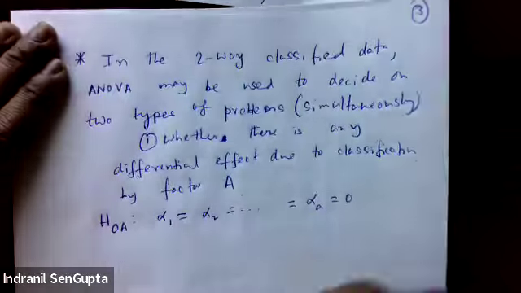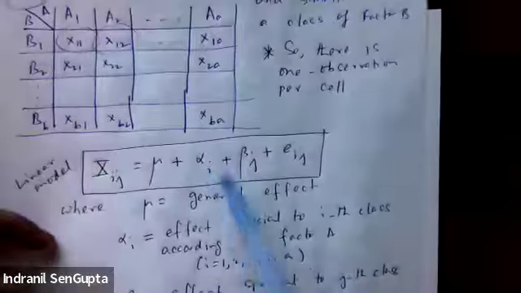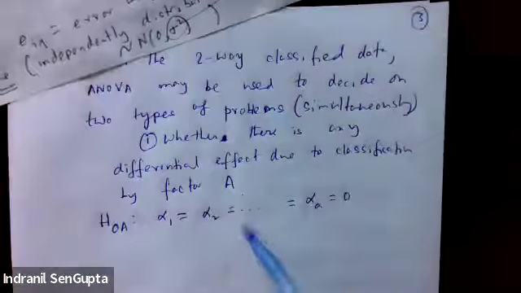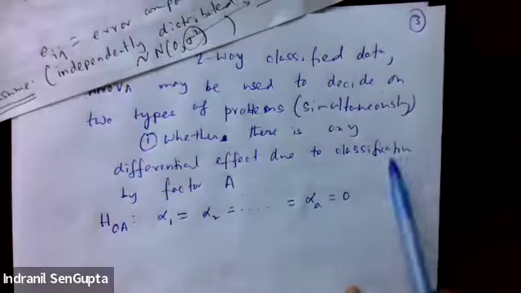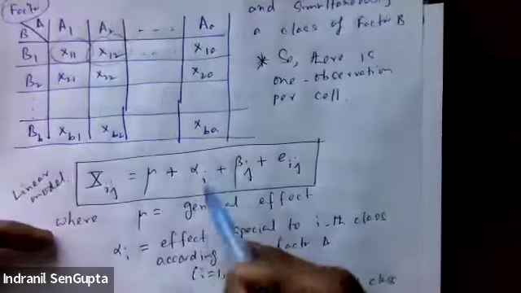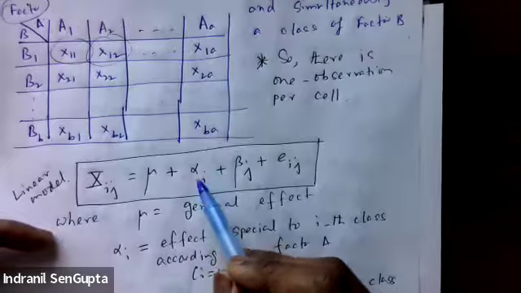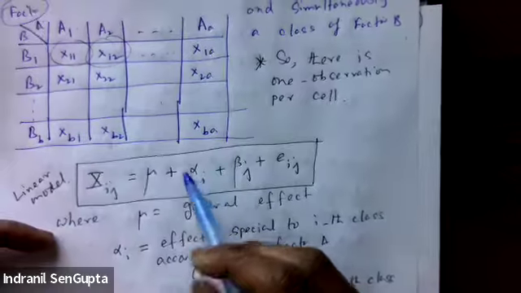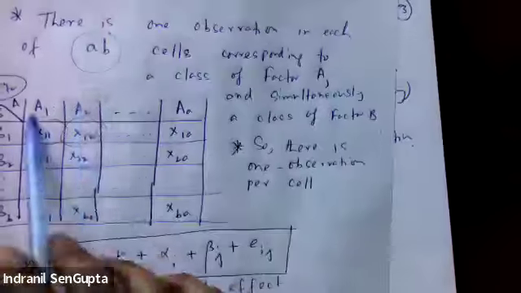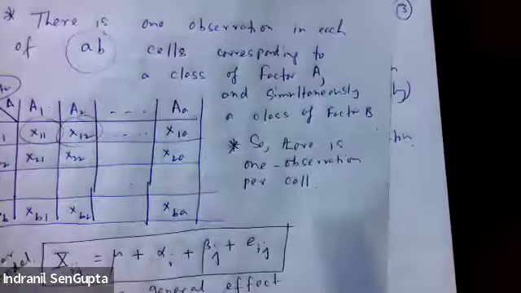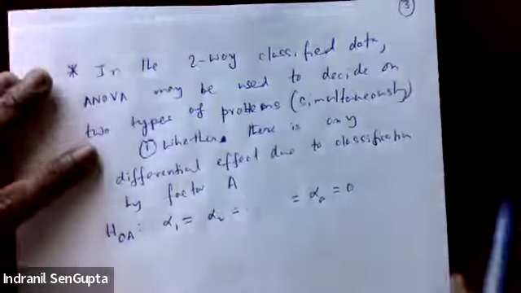That means we are asking whether there is a differential effect due to classification factor A. If all these are 0, that means there is none. So there is no differential effect of this particular factor. So it doesn't really matter which factor A class it comes from. It will always be the same.